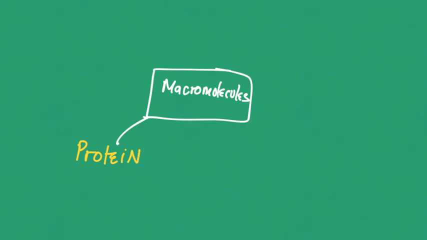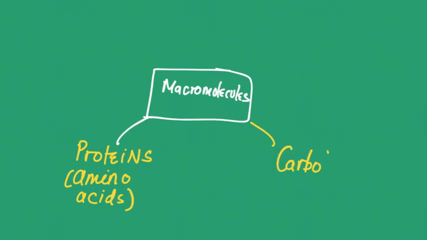There are four types of biological macromolecules. Proteins. Proteins are made up of amino acids. It's carbohydrates.